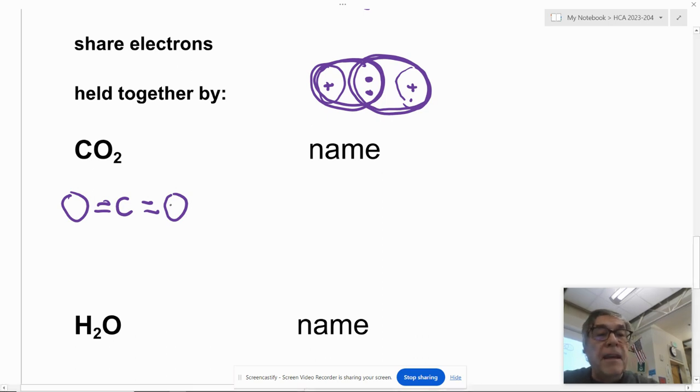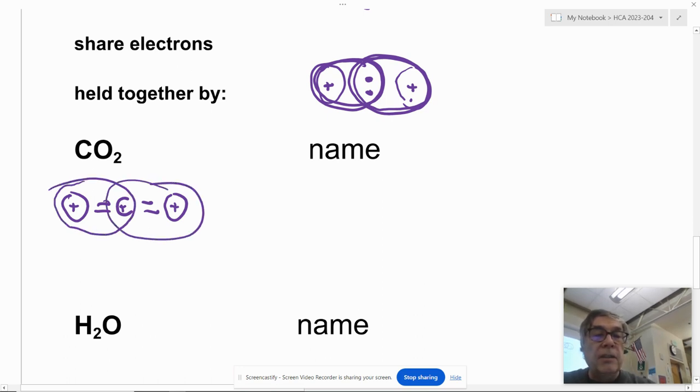Now, this positive charge from the oxygen nucleus, the carbon nucleus, and the other oxygen, they're going to cause an attraction between these particles, and that's what those double bonds do.